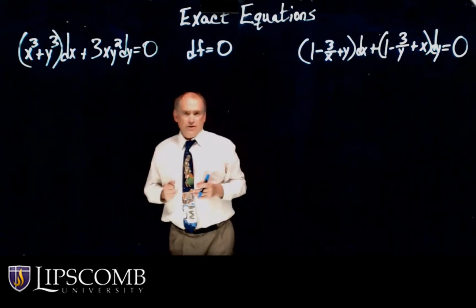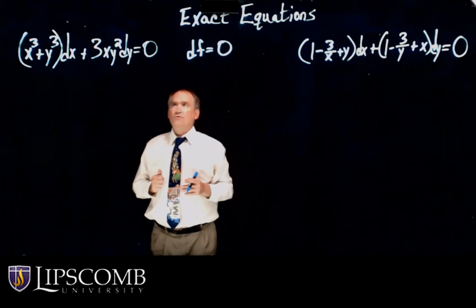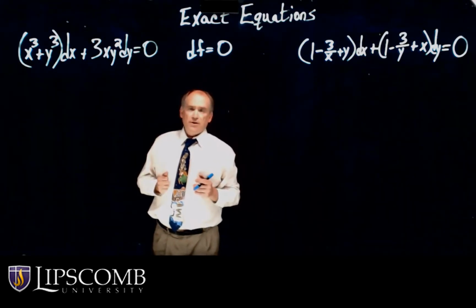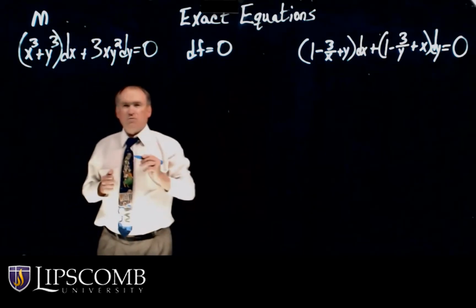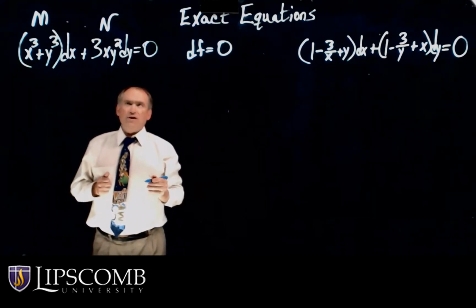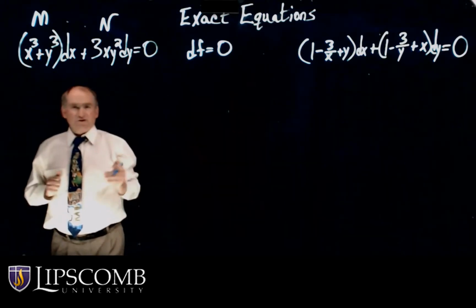My first one is here, (x cubed plus y cubed) dx plus 3xy squared dy. So I have it in the form of M dx plus N dy. So this is my M, x cubed plus y cubed, and this is my N, 3xy squared. So let's see if it's exact, and we can use this method.